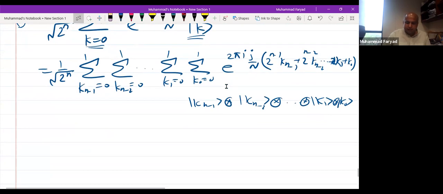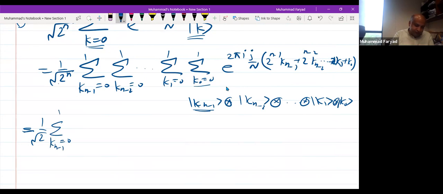So it means that I can write it like this: let's take 1 over square root of 2 for each of these qubits. So for the first one, let's start from the left. For the first sum over Kn minus 1, I will have sum over Kn minus 1 from 0 to 1.